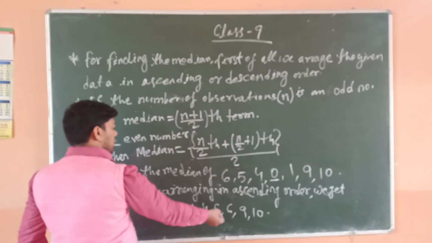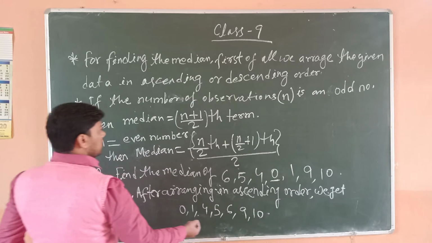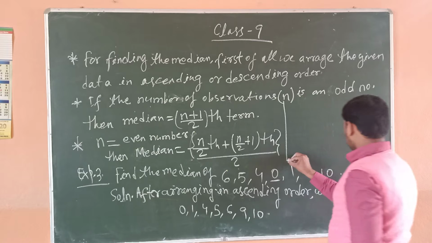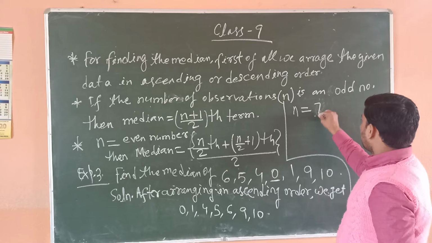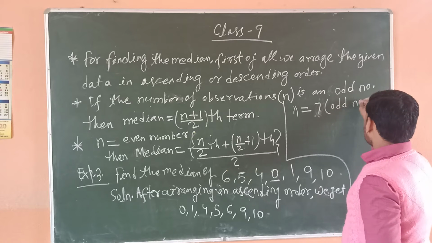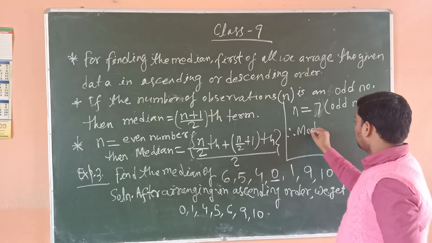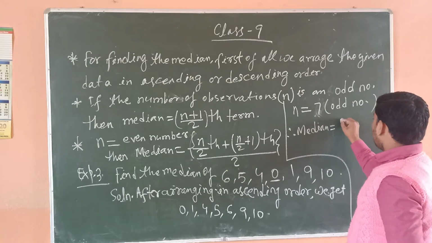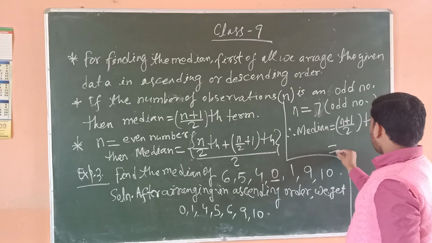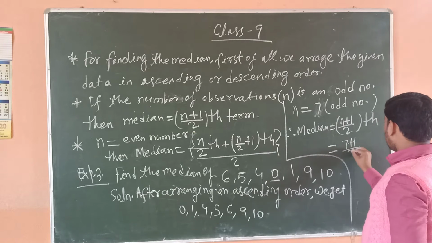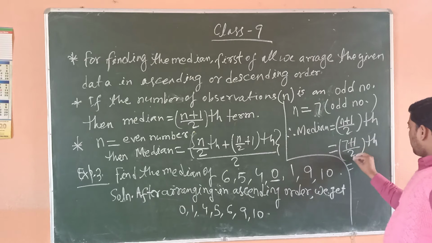Then count the number of observations. n is equal to 7 and it is an odd number. Therefore, median is equal to the (n plus 1) upon 2 th term. 7 plus 1 is 8, by 2 is 4.